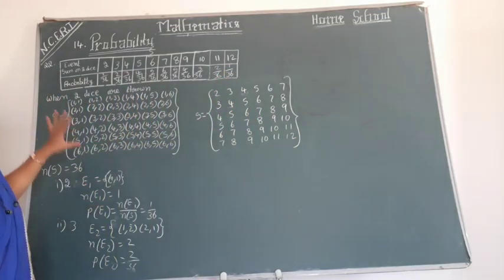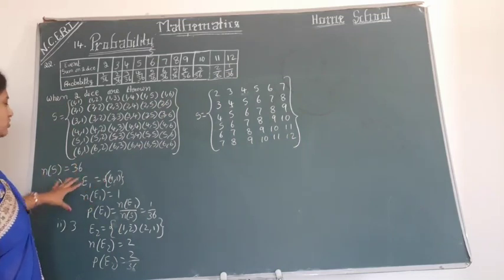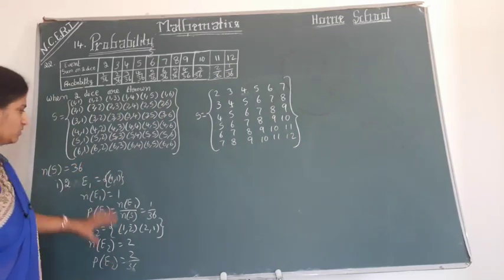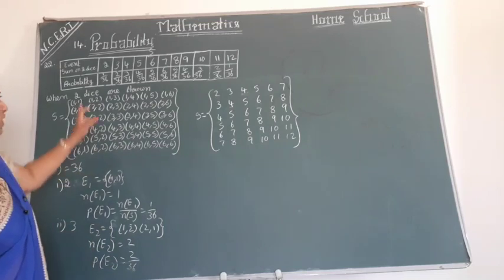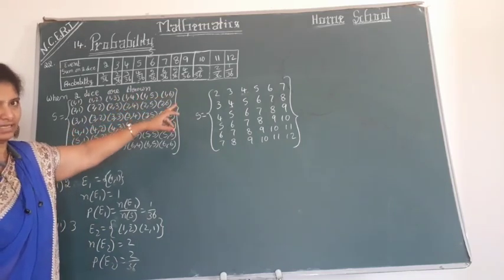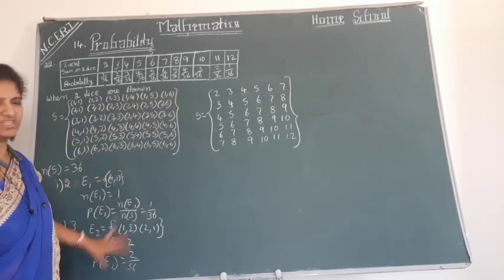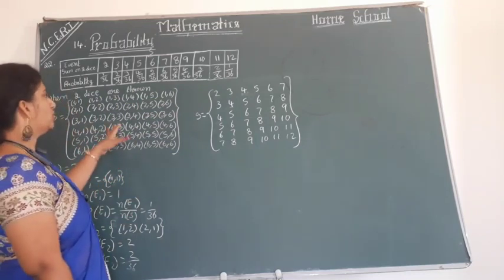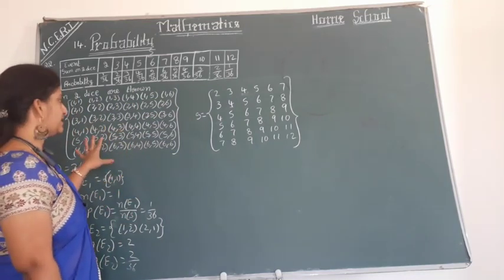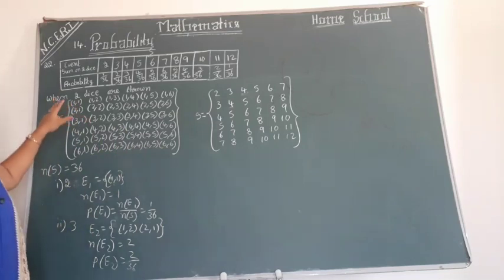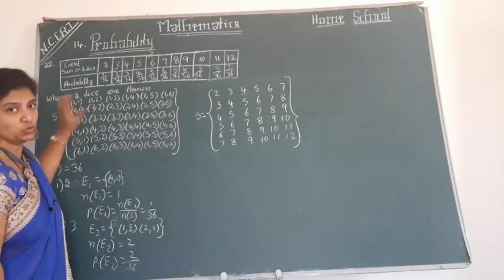See here, this is the method you are going to write in your exams. I have done 2 of them and you have to complete the remaining part at home. Complete this problem. This is very, very easy. Not only this, there is one more way of asking the question: what is the multiple of these 2 dice?